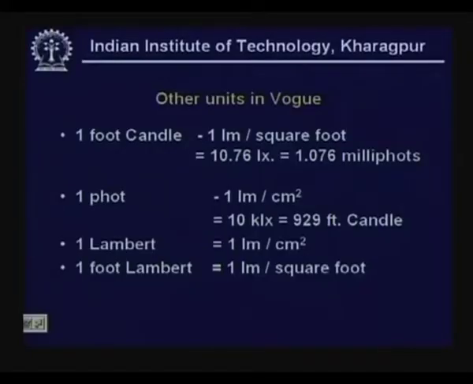If it is the illuminance, we would use the term phot, and for brightness we would use Lambert. 1 foot Lambert is nothing but 1 lumen per square foot. So the foot candle would be the response due to a certain source, and the foot Lambert would talk about the brightness. See, there are two things.